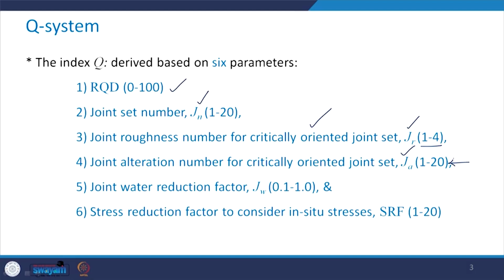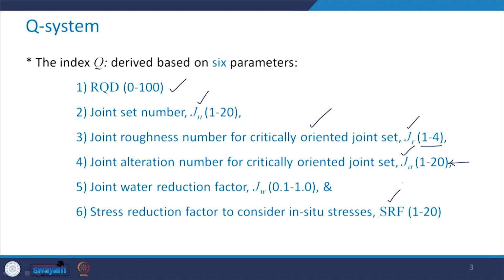And finally, the last one is the stress reduction factor to consider the in situ stresses. This is called in short SRF, and it can vary between 1 to 20.